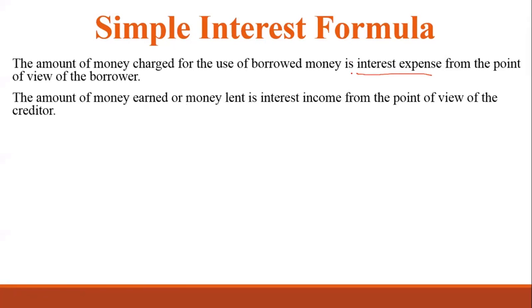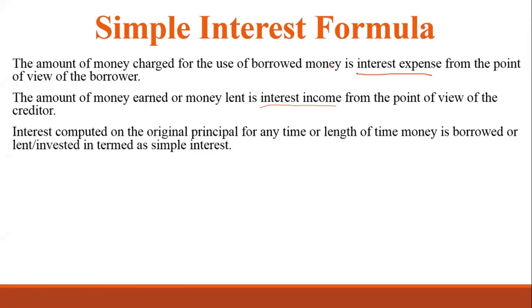The amount of money earned on money lent is interest income, from the point of view of the creditor. So earlier was the interest expense from the point of view of the borrower, and interest income is for the creditor. And interest computed on the original principal for any length of time money is borrowed, lent, or invested is termed as simple interest.